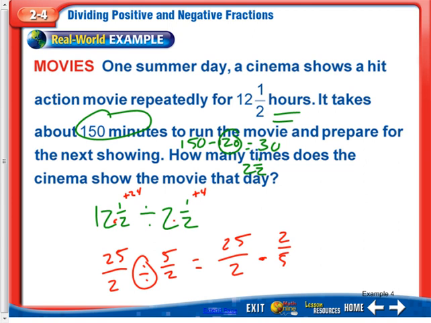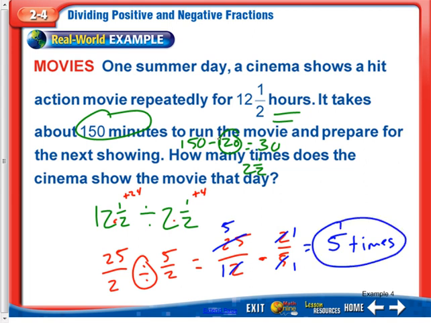Simplify where you can. The 2's are both going to turn into 1, so that works nicely. The 5 is going to turn into a 1, and the 25 will be a 5. Multiply straight across, we get 5 for an answer. Now we have to figure out our units, because it asked how many times did the cinema show the movie that day. So the answer would be 5 times.